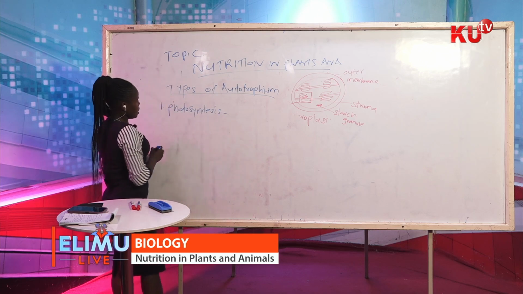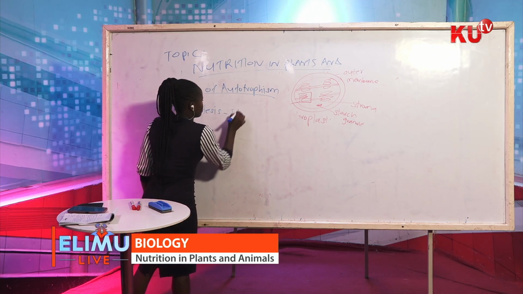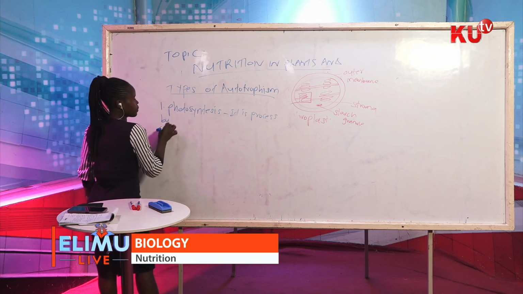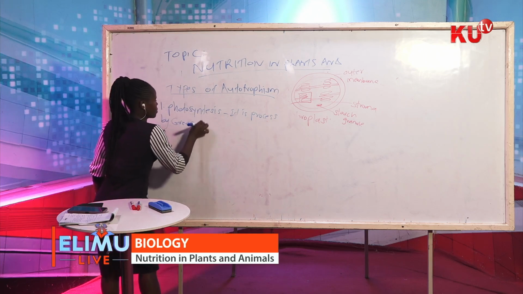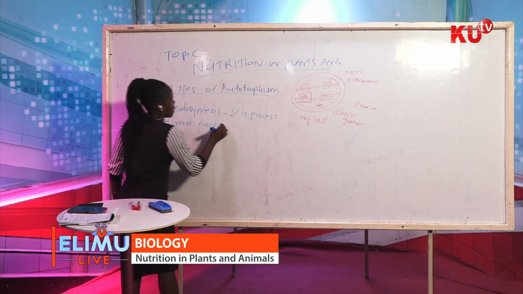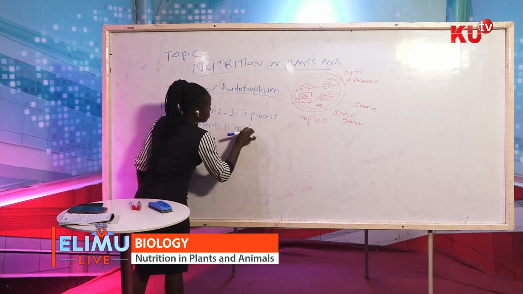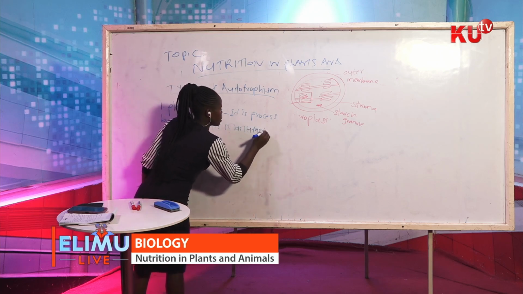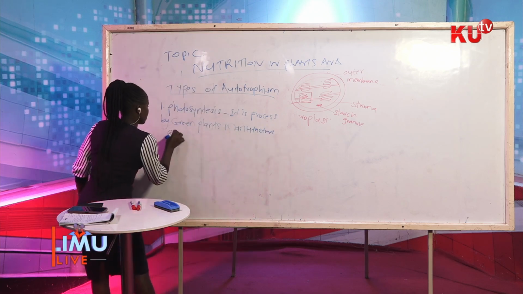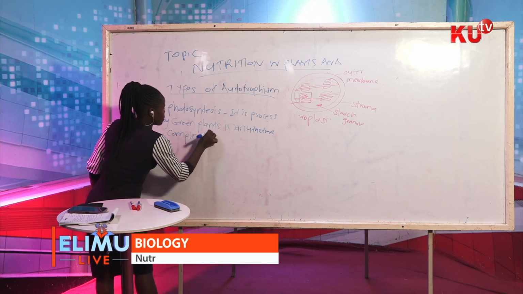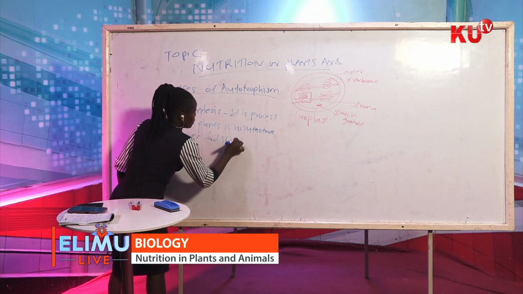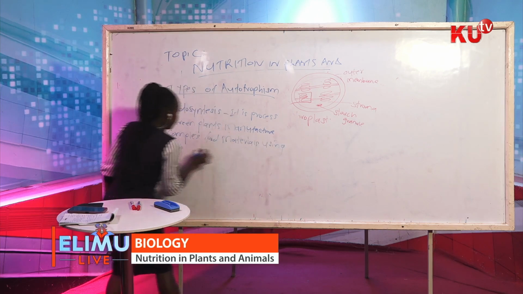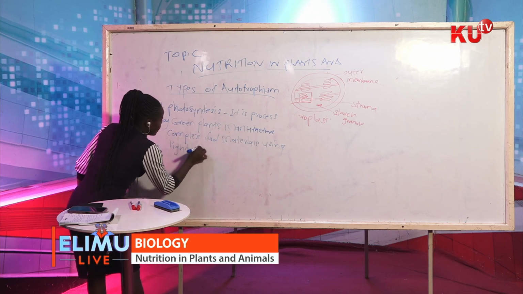Photosynthesis is the process by which green plants manufacture complex food materials using light energy.